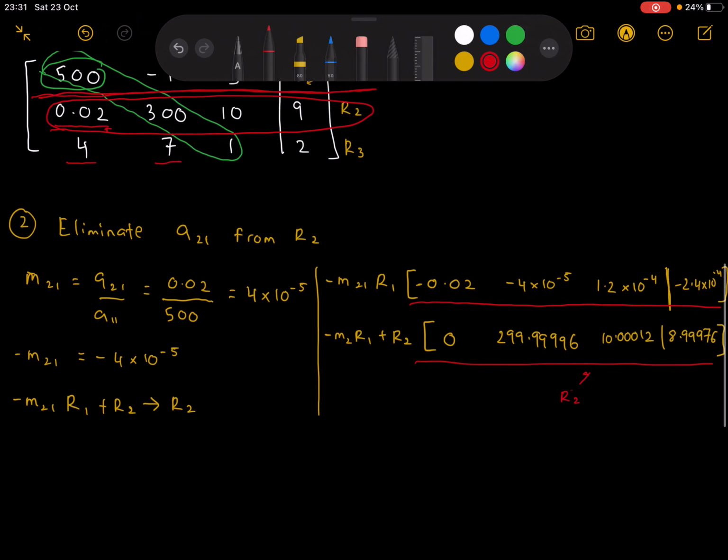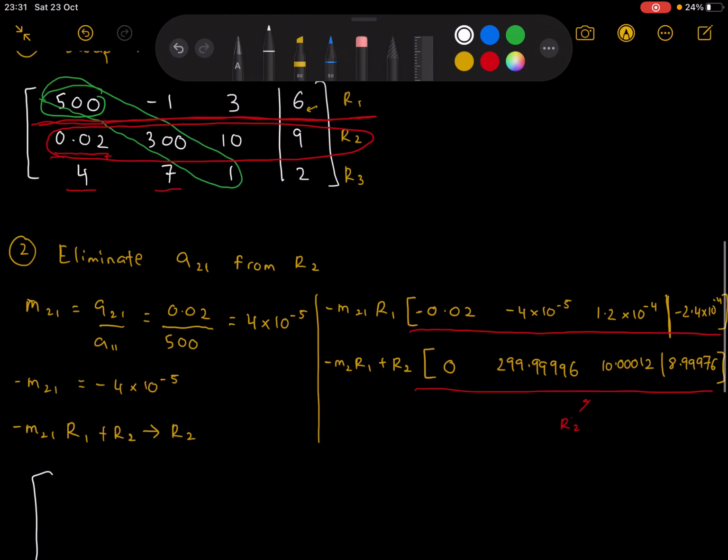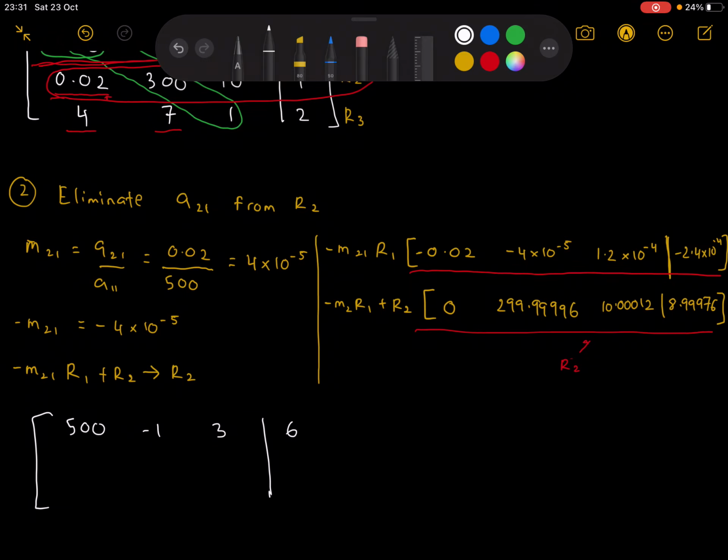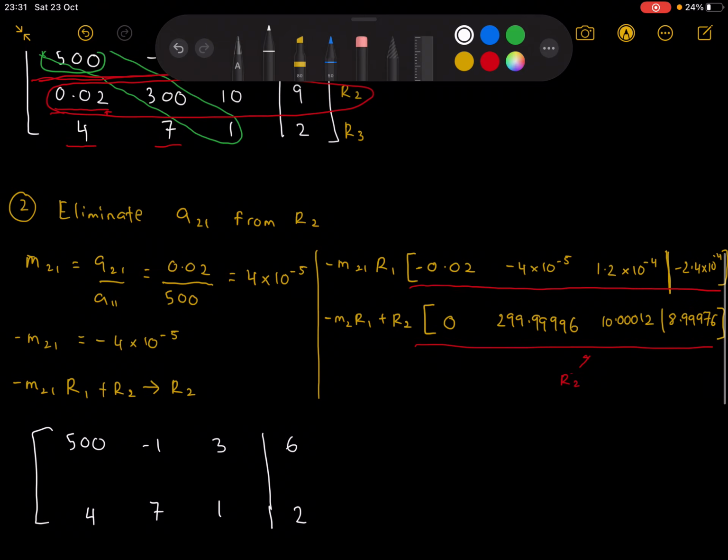So now our matrix will become 500, 1, 3, 6, and then I write row number 3 first because nothing has changed on row number 3: 4, 7, 1, 2. What has changed is row number 2.